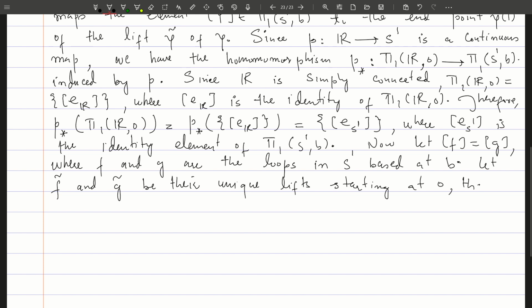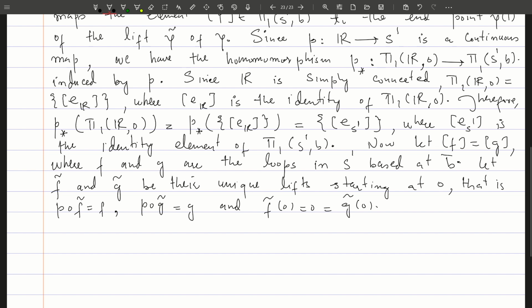That is, P composed with F tilde is F, and P composed with G tilde is G, and F tilde starts at 0, so does G tilde.